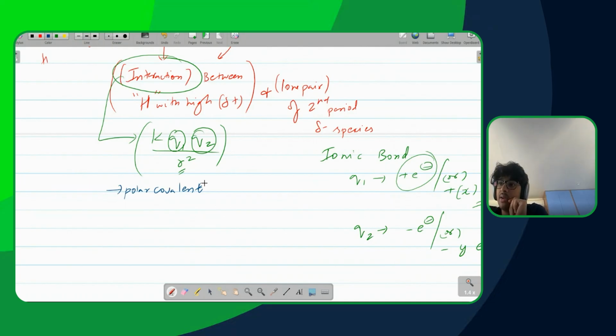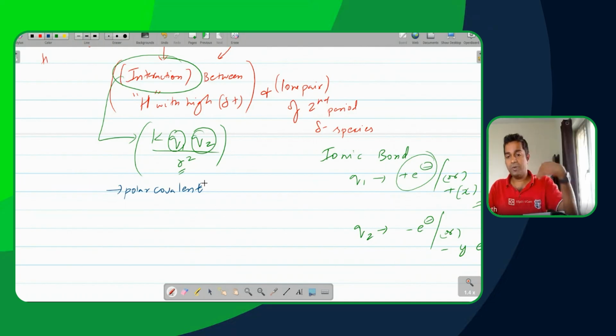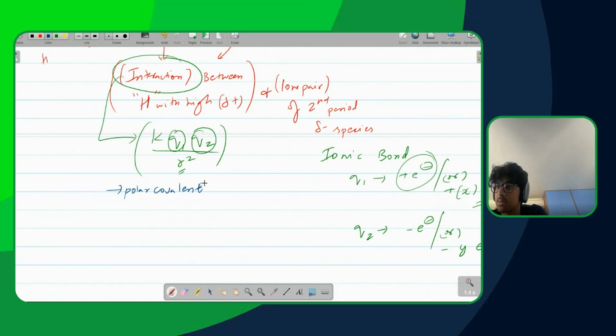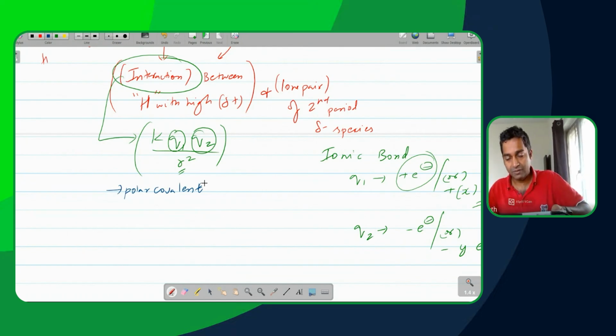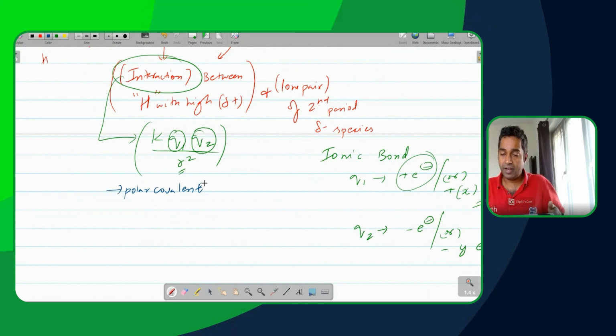So when you go from sp3 to sp2 to sp, you have increasing percentage s character, which means increasing electronegativity. We had already discussed that a little while back, in atomic structure, I think, along with penetrating power.